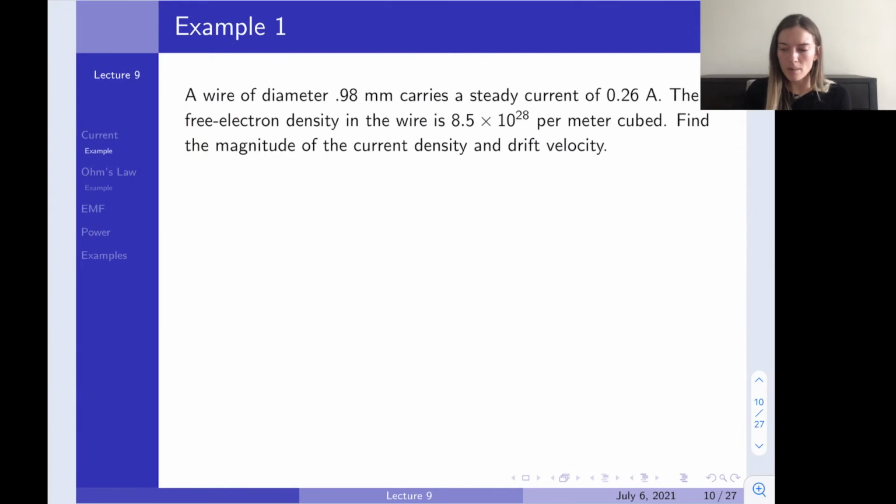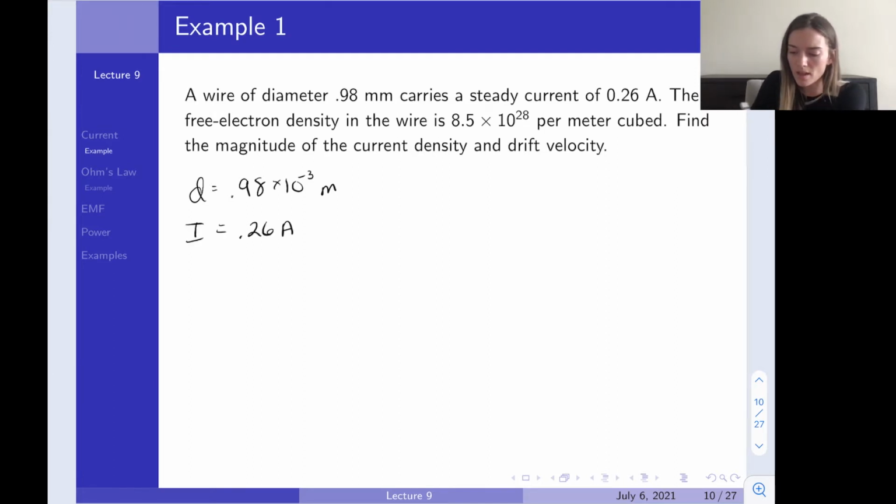Now let's just do an example with this. So we have a wire of diameter 0.98 millimeters. So let's just write that down in our standard units. So the diameter is 0.98 times 10 to the negative 3 meters. And it carries a steady current of 0.26 amps.